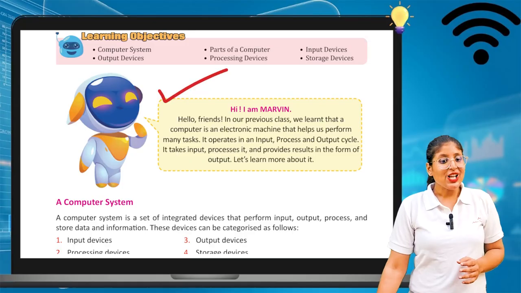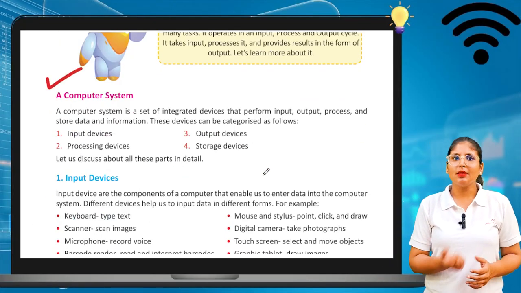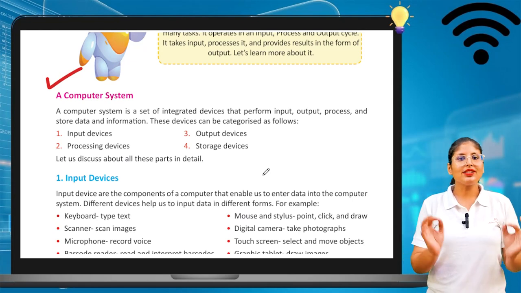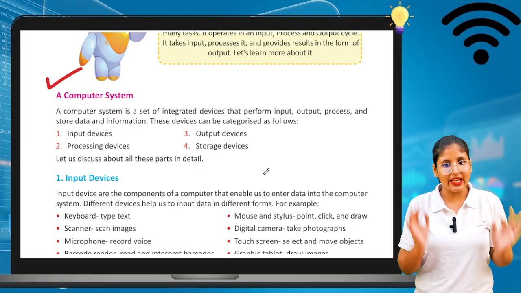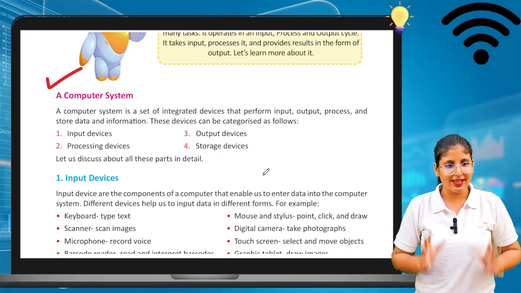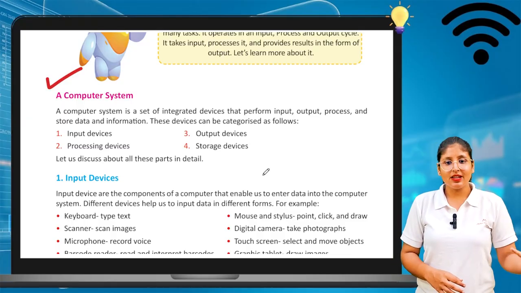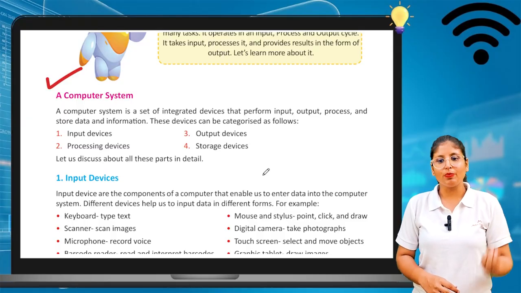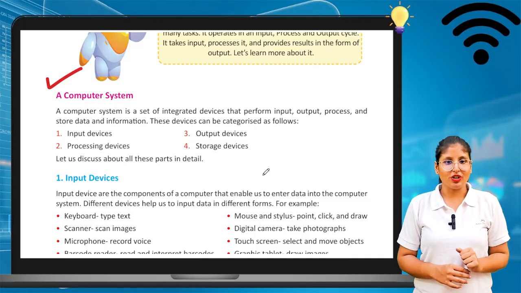So, a computer system. What is a computer system? A computer system is a set of integrated devices that perform input, output, process and store data and information. In the computer system, they perform input, output, process and they also help us to store our information.